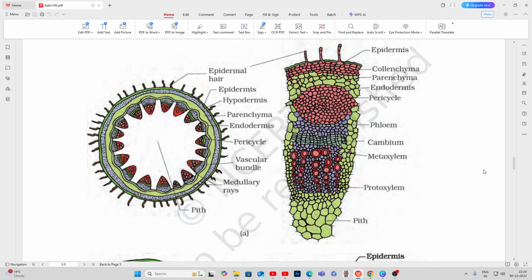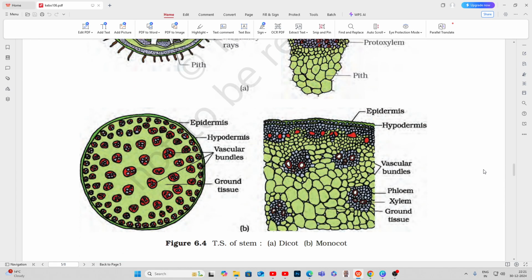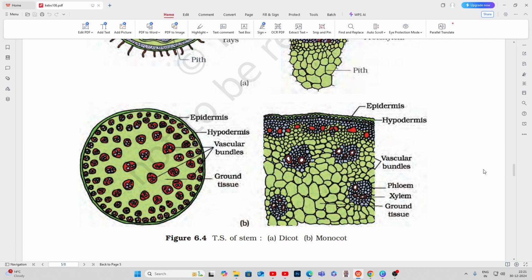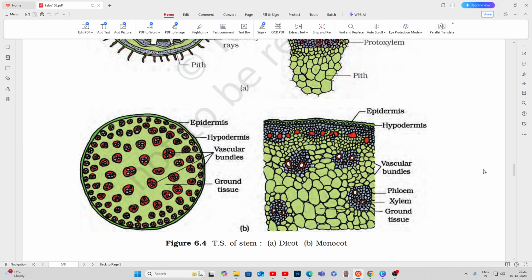Medullary rays. Pith. Phloem. Cambium. Metaxylem. Protoxylem. Ground tissue.